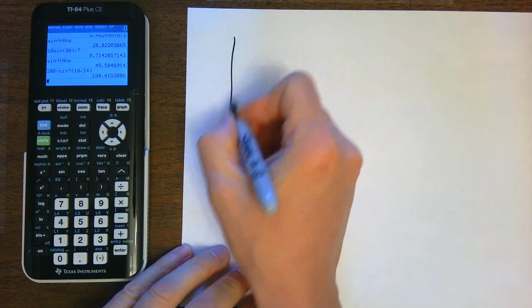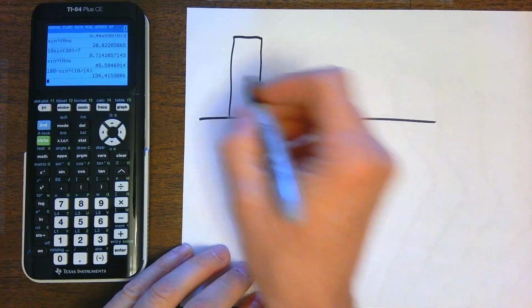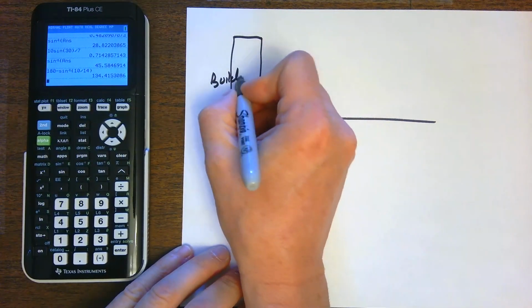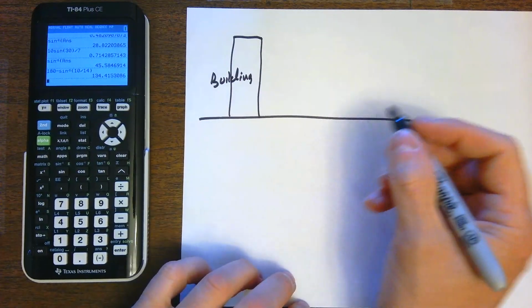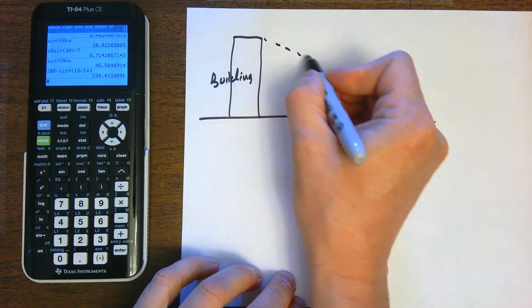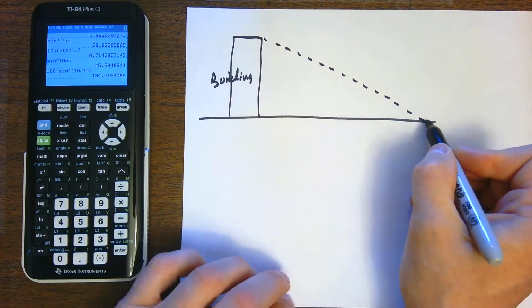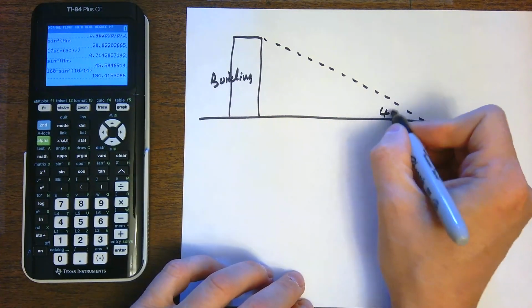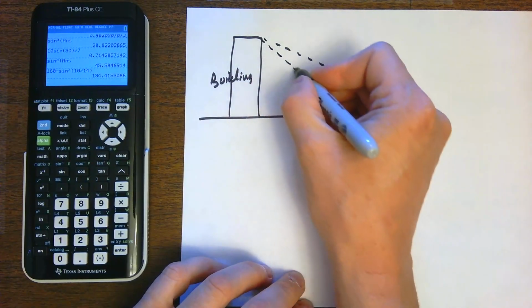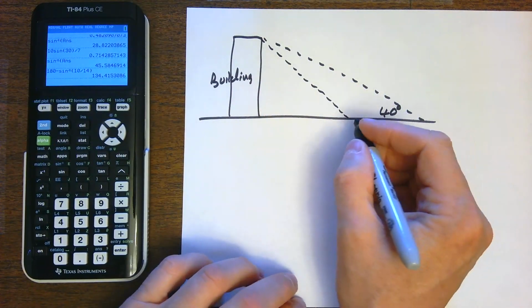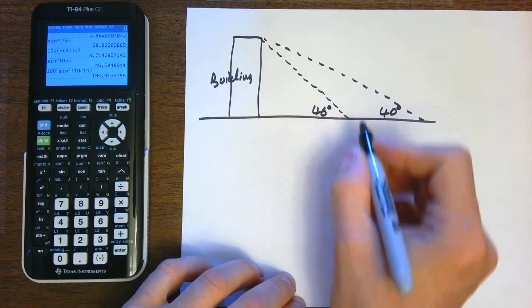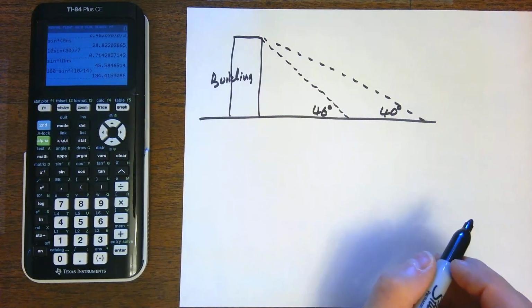Suppose I'm on the top of a very tall building, looking down to some fixed point at 40 degrees, and looking down to some other fixed point at 46 degrees, or I'm on the ground looking up to the top of the building.